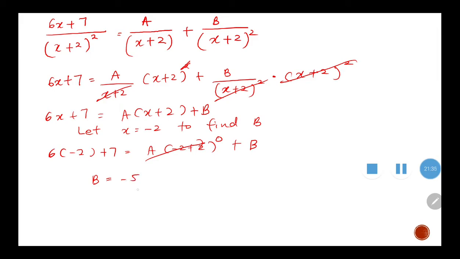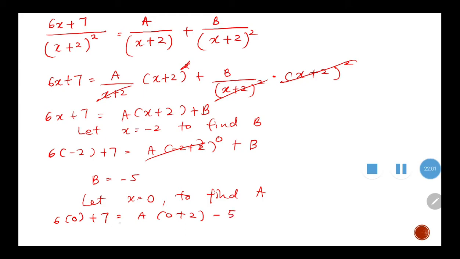Okay, now we know b equals minus 5. Let's let x equal to 0 to find a, because it is the easiest way. So 6 times 0 plus 7, a times 0 plus 2, and b is minus 5.